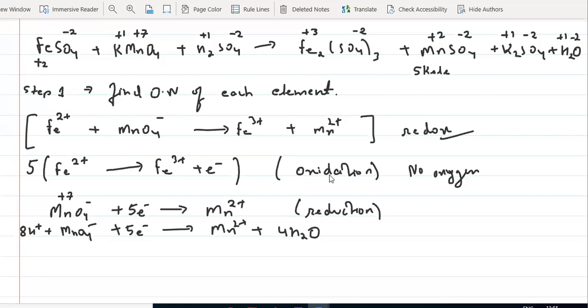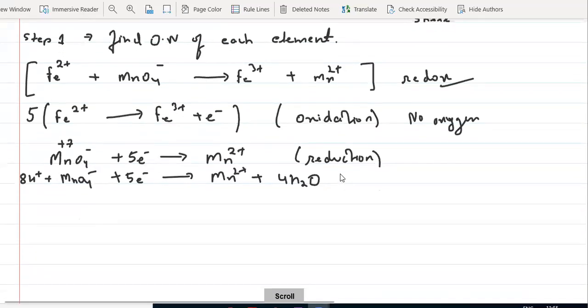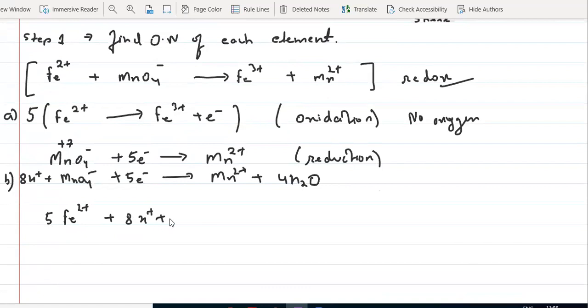So now we have a balanced redox reaction. Write down the balanced redox reaction now. Add A and B, where this is A and this is B. So we will get 5 Fe2 plus plus 8H plus plus MnO4 minus.